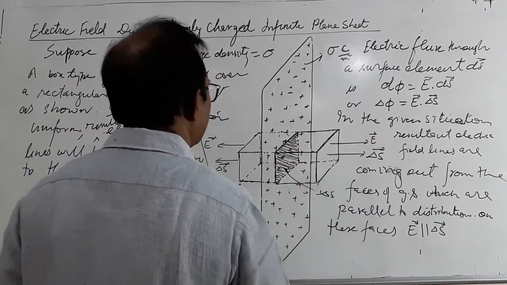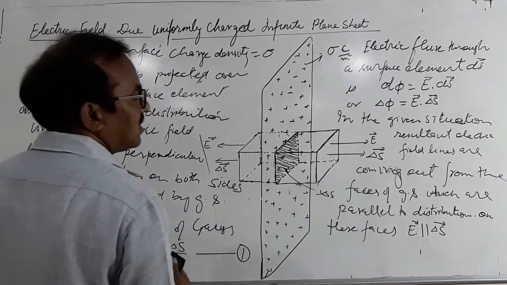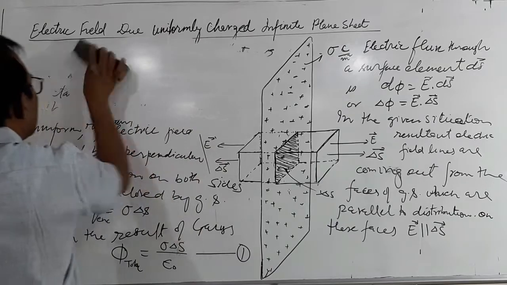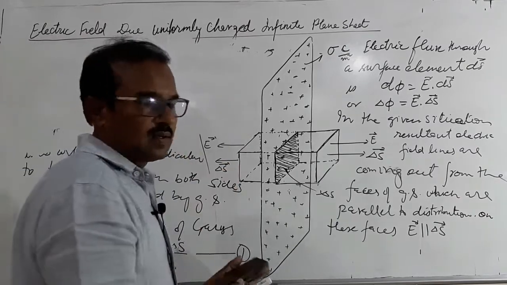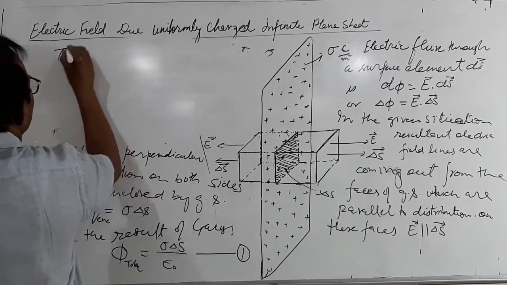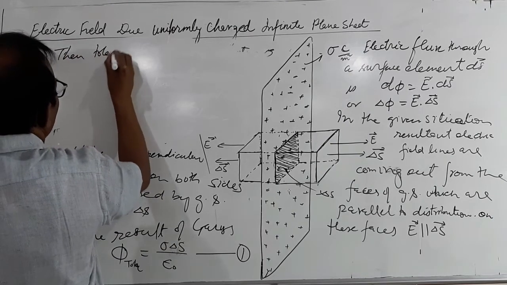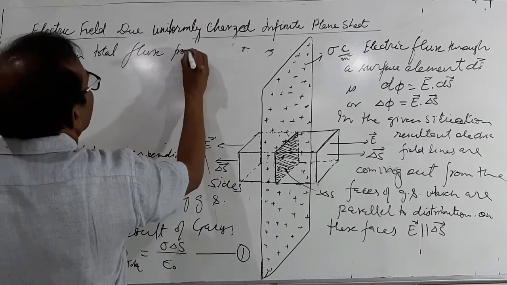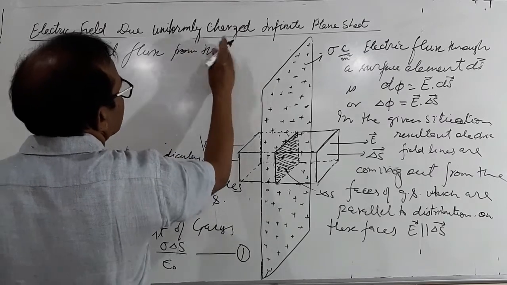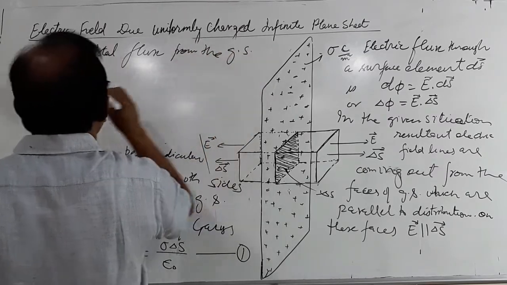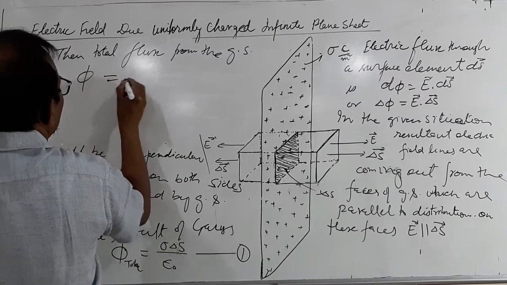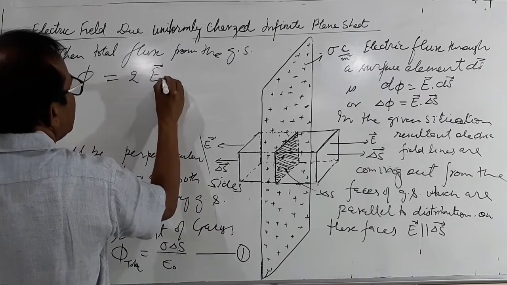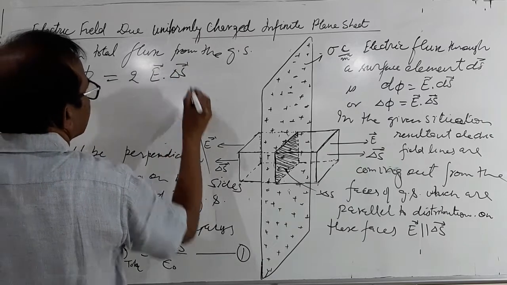Then the total flux from the Gaussian surface is phi equals 2 times E dot delta S.